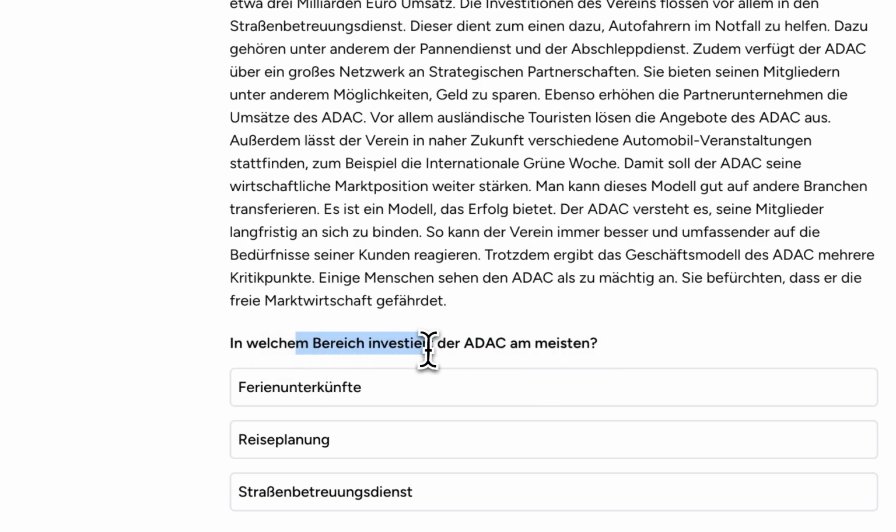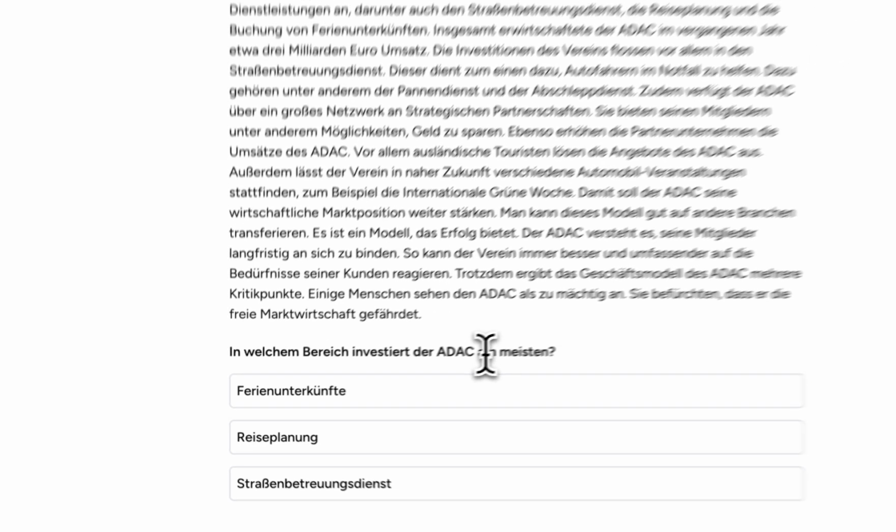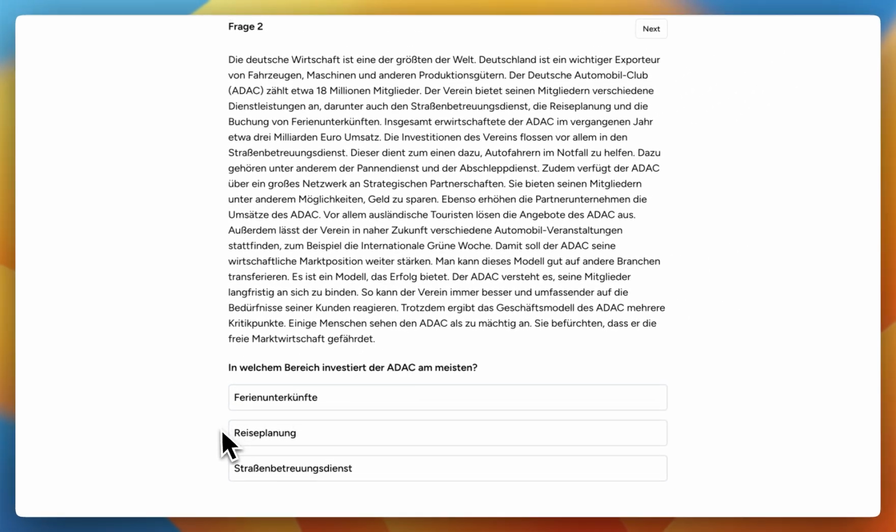So in which area does the ADAC invest mostly? Here we can also use our common sense and process of elimination to cancel out the obvious choice. Reiseplanung, does it invest in travel planning? Straßen something. We don't know what this whole word is, but we see Straße, which means something with streets. So does it invest in streets?